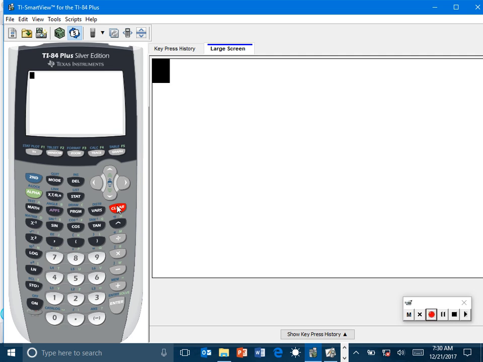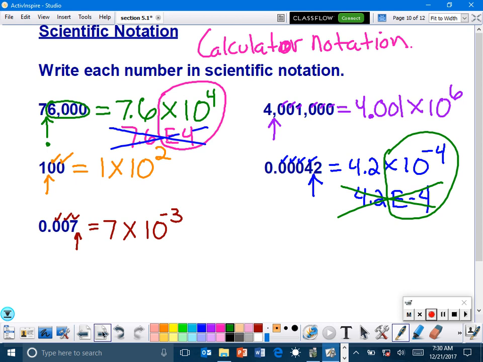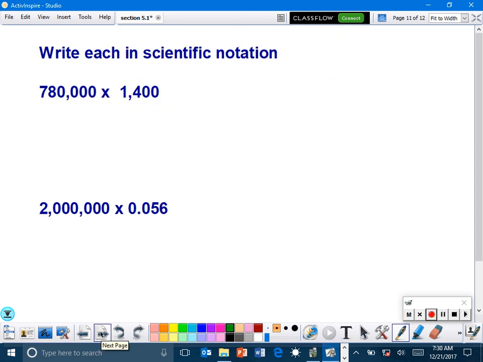Now, this next problem, you're going to have some like this on your worksheet. You can simply multiply these two together. I'm just going to multiply them like normal using the calculator in normal mode.